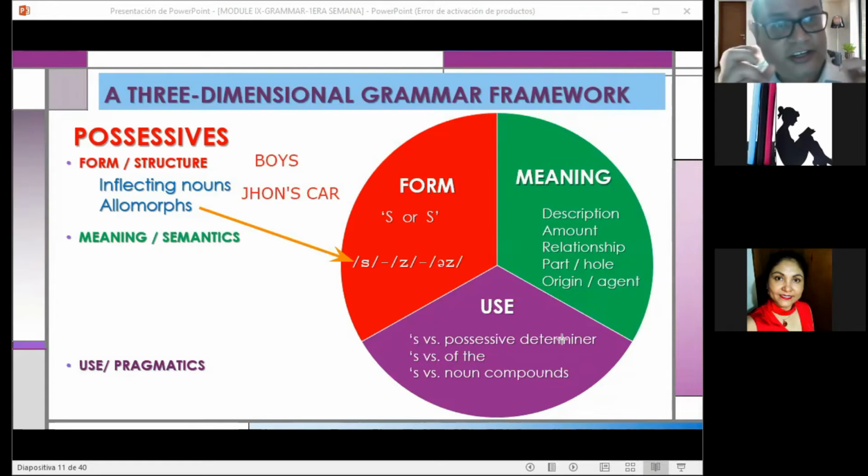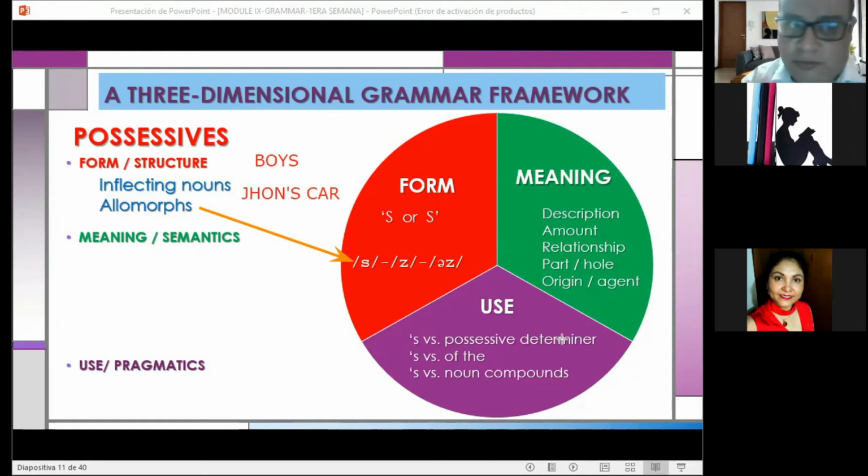Notice here these two. So we have inflecting nouns. We use this structure to inflect nouns, and we produce allomorphs. Allomorphs are the physical variations of a morpheme. So we are going to produce the morpheme in different ways.